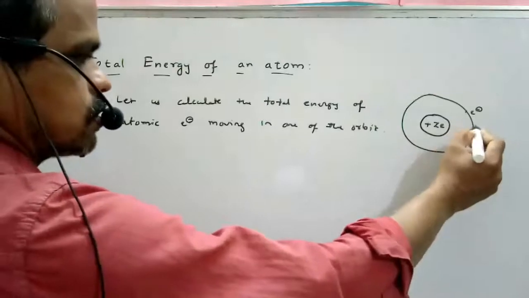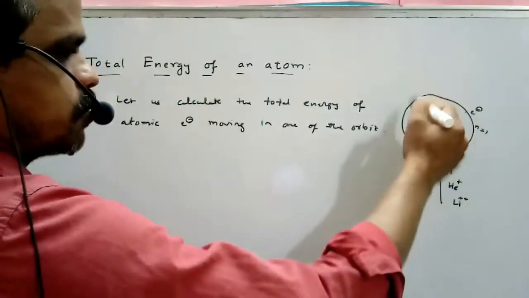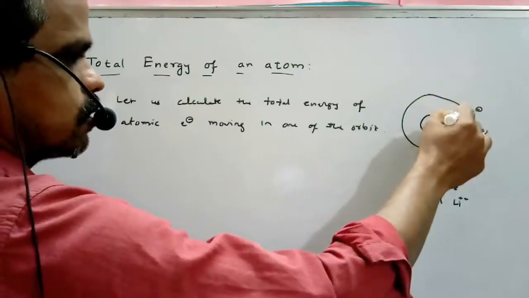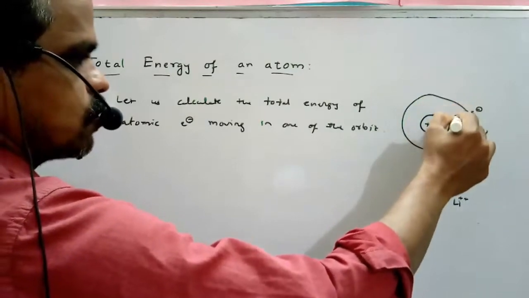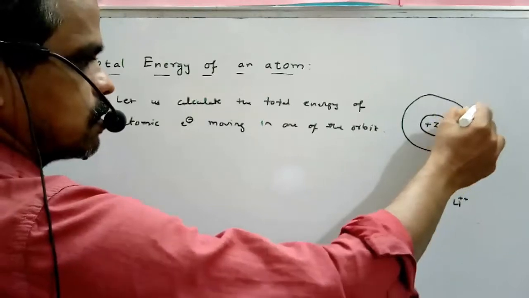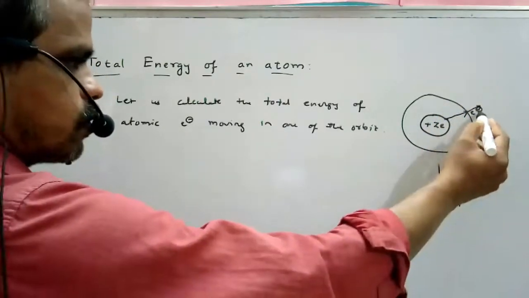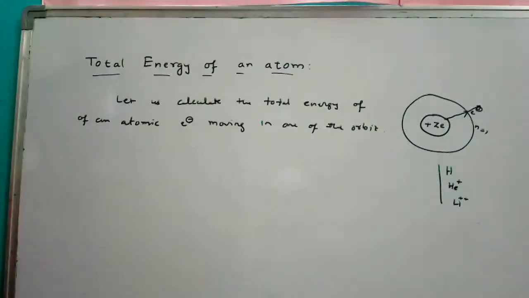For example, this is the first orbit, the electron is moving in the atom. This is the nucleus. The Coulombic attraction force is there, and the centrifugal force is acting on that electron.